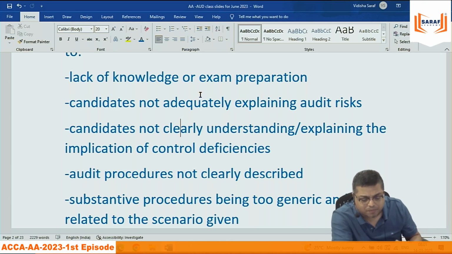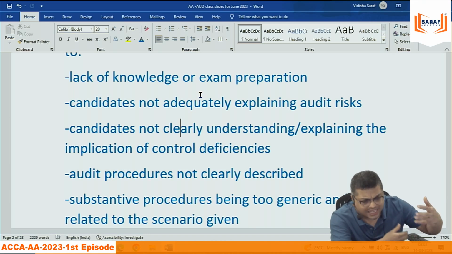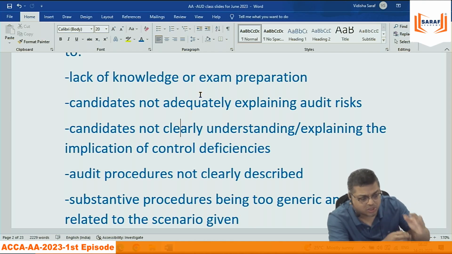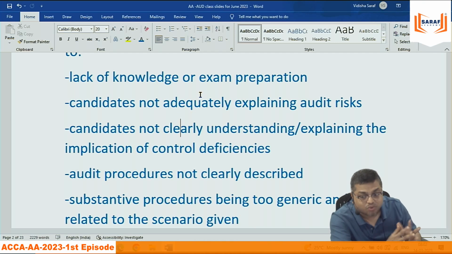In the scenario, the problems are given. So when the students are writing the answers, they are not actually understanding the scenario, the problem. For those problems, what should be the solution, what should be done, the students are not able to write. Audit procedures are not clearly described. If I am given an assignment to audit an organization, then what will I do?